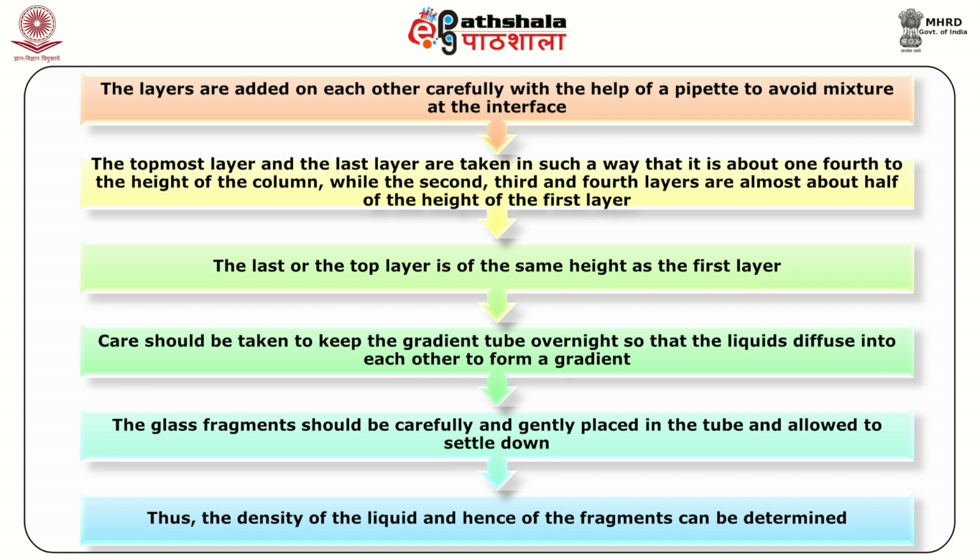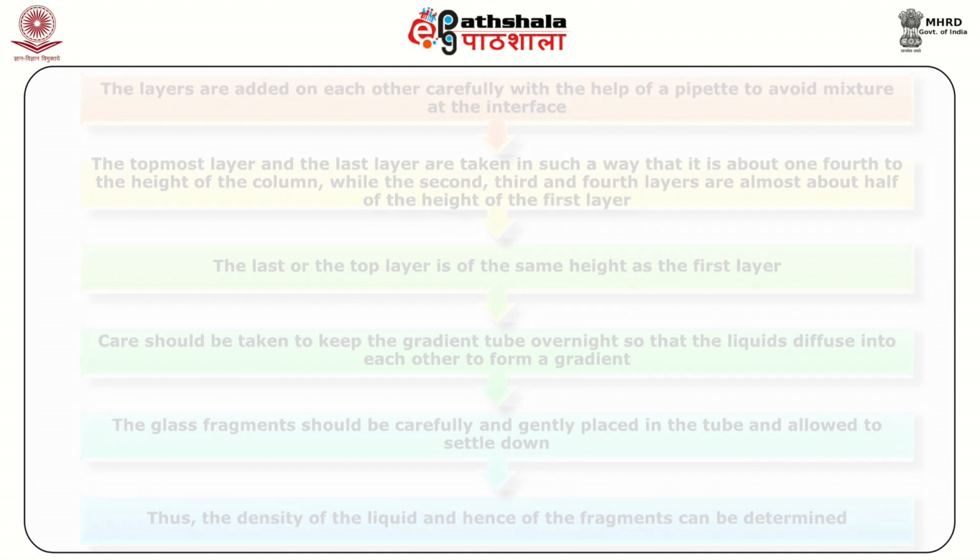Care should be taken to keep the gradient tube overnight so that the liquids diffuse into each other to form a gradient. The glass fragments should be carefully and gently placed in the tube and allowed to settle down. These fragments will suspend in the portion having the same density. Thus, the density of the liquid and hence of the fragments can be determined.